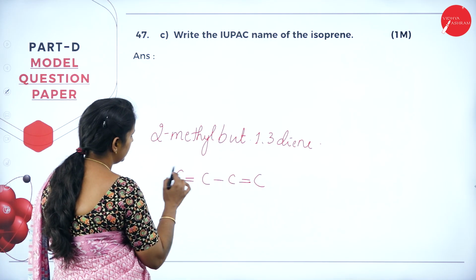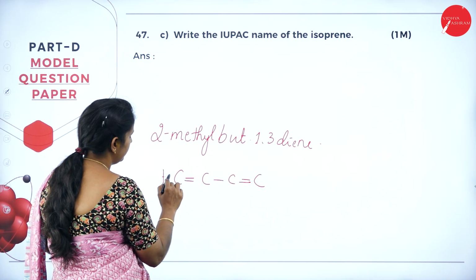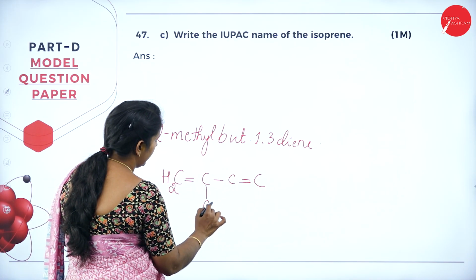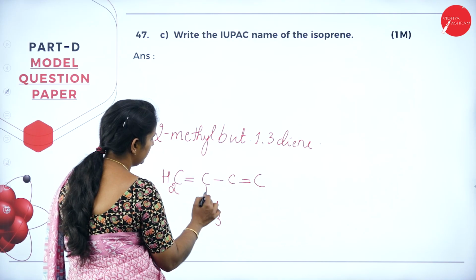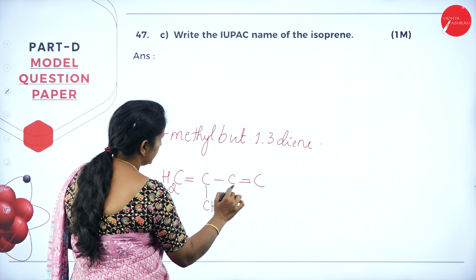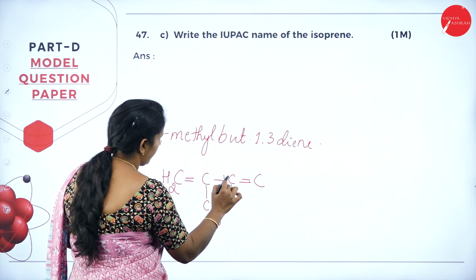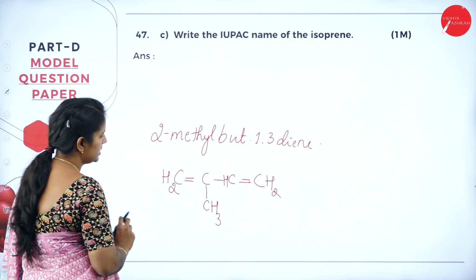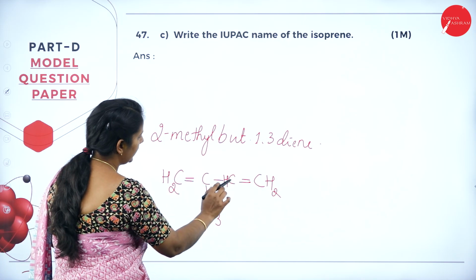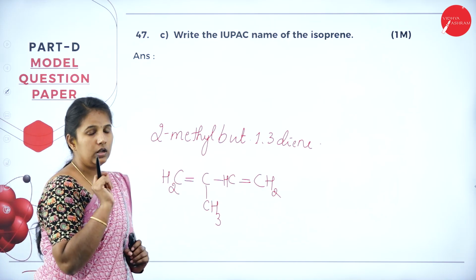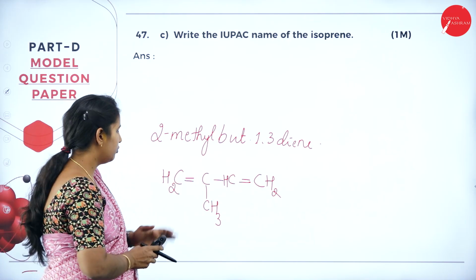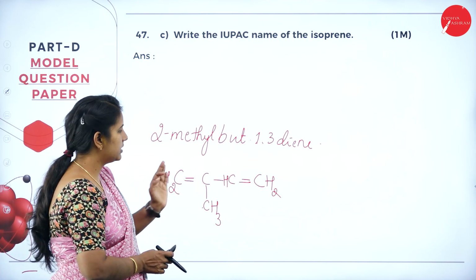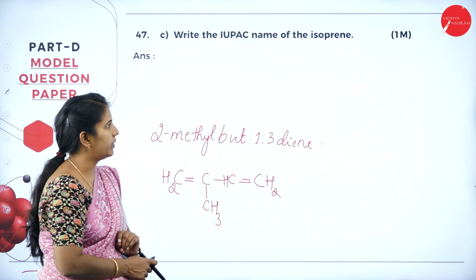Then satisfy with hydrogen atoms: CH2, then 2-methyl, that is CH3, then with an H, then CH2. That is 2-methyl-1,3-butadiene. Correct? 2-Methyl-1,3-butadiene. This is the IUPAC name of isoprene.